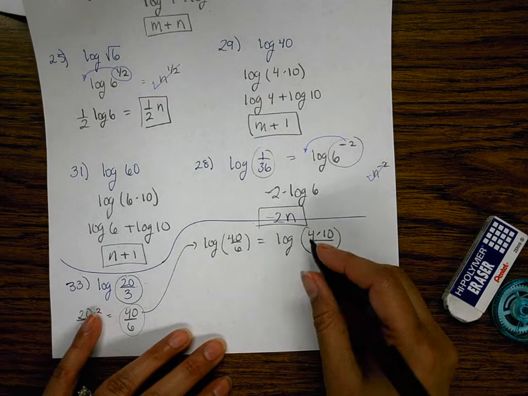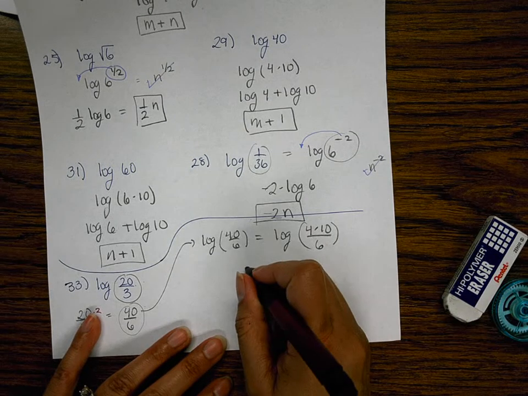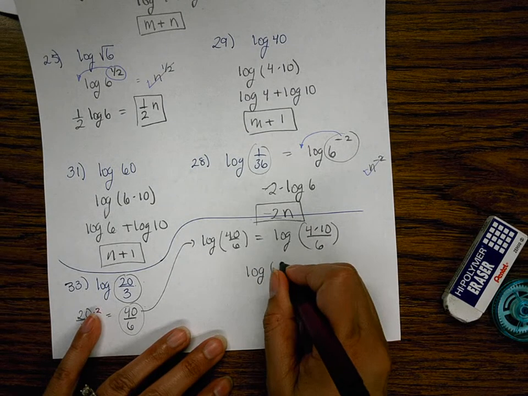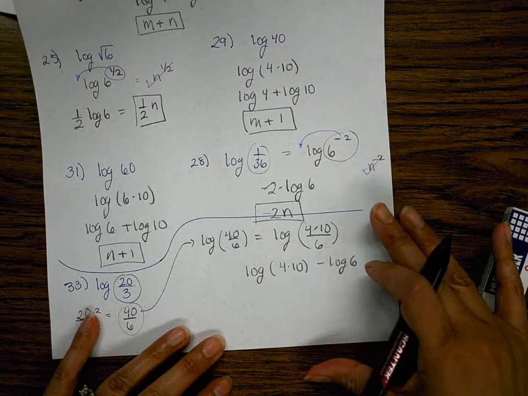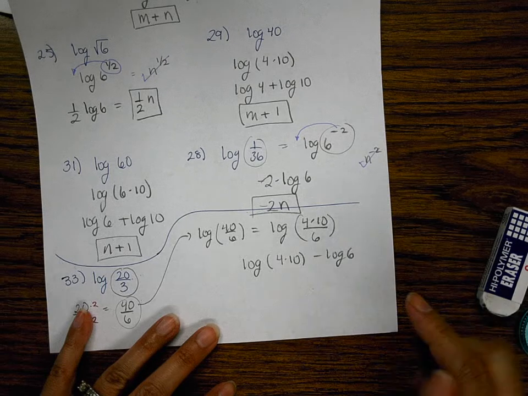Okay, so there's multiple log laws I'm going to use here. I'm going to do it this way first. Log of 4 times 10 minus log of 6, because I cannot plug letters in yet because I have to rip things apart. I have to use my log laws.